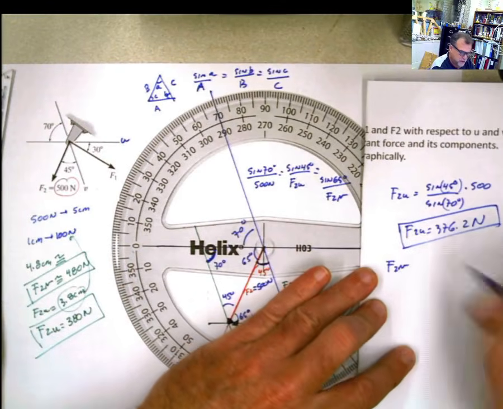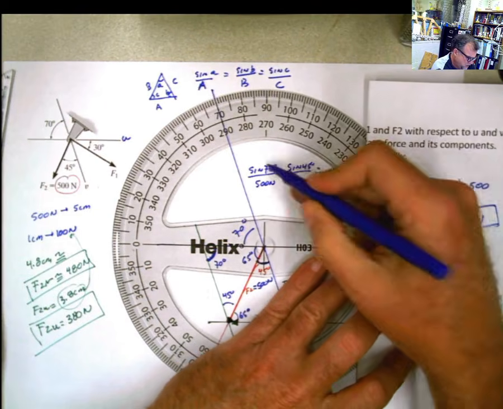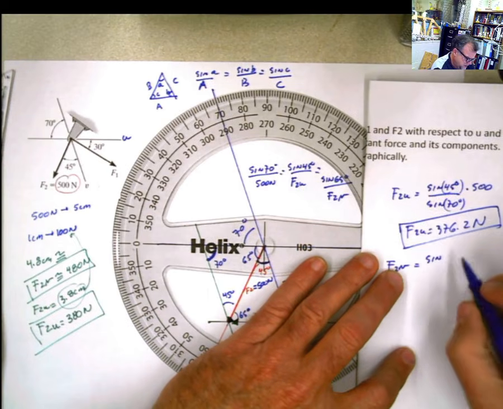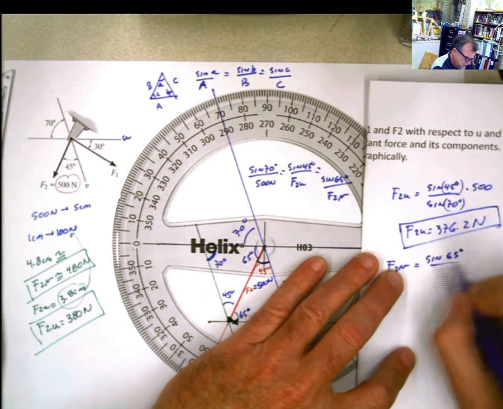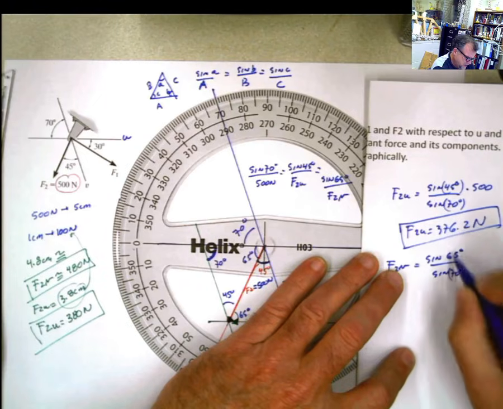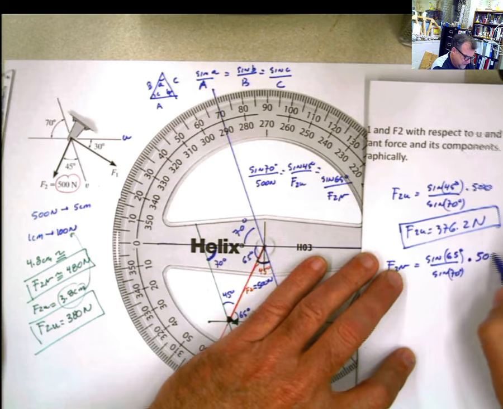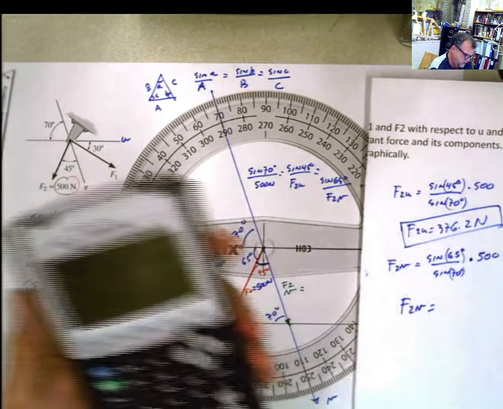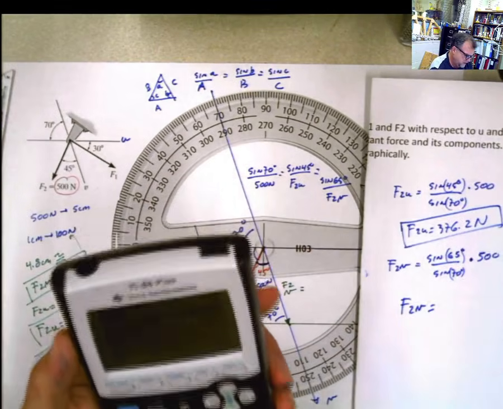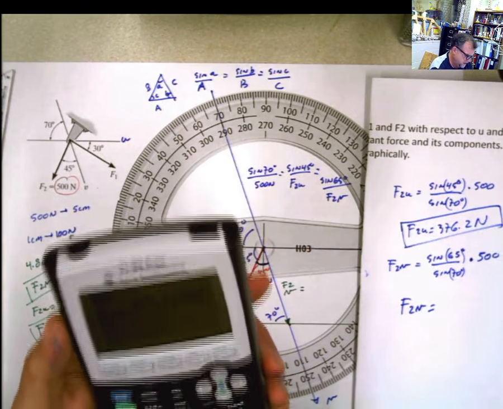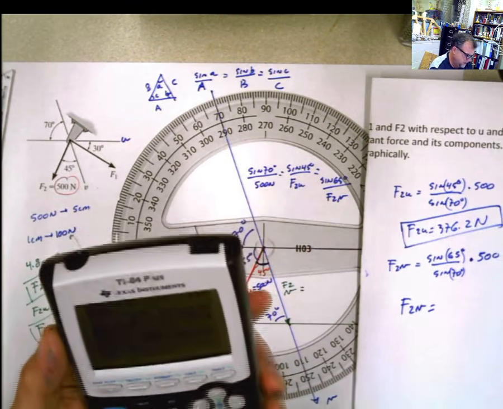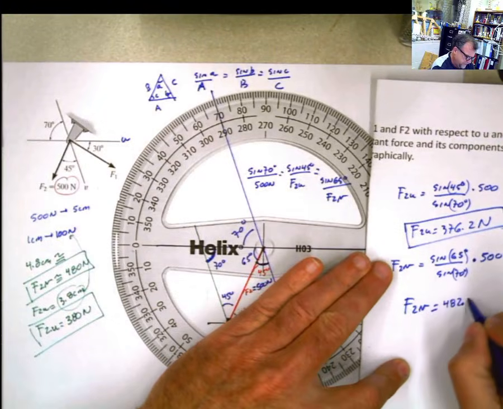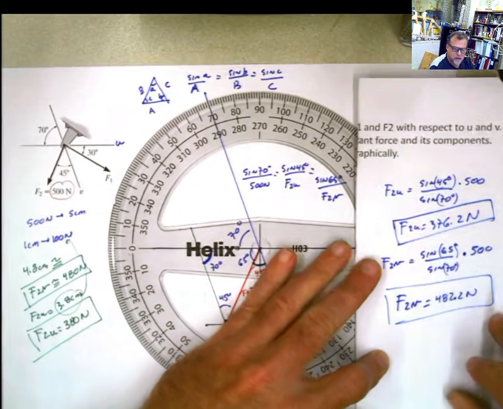Now if I do the same thing with now F2V, which is the other one that I'm looking for, I say F2V is going to be equal to, now I use this one, sine 65 divided by sine 70 degrees multiplied by 500, and you get a value of 482.2 Newton, and that's analytically.